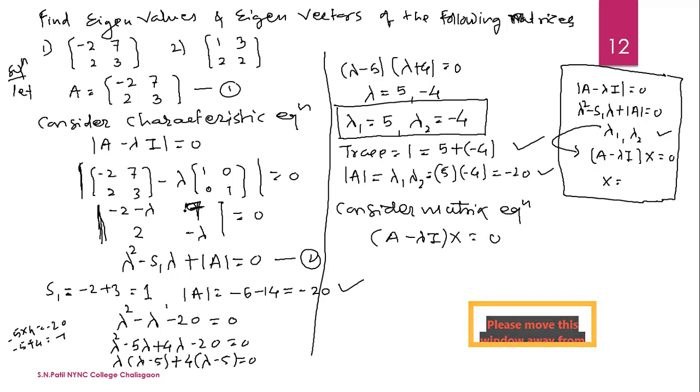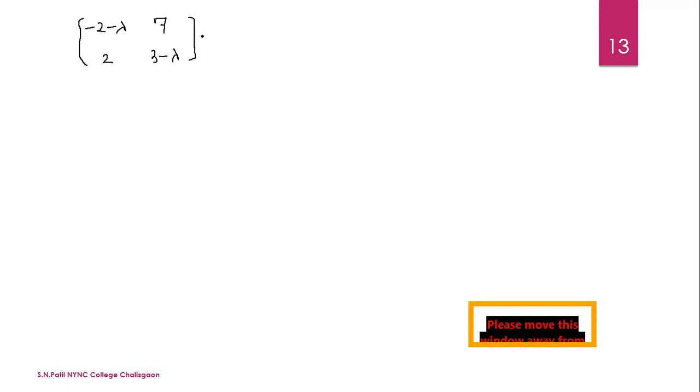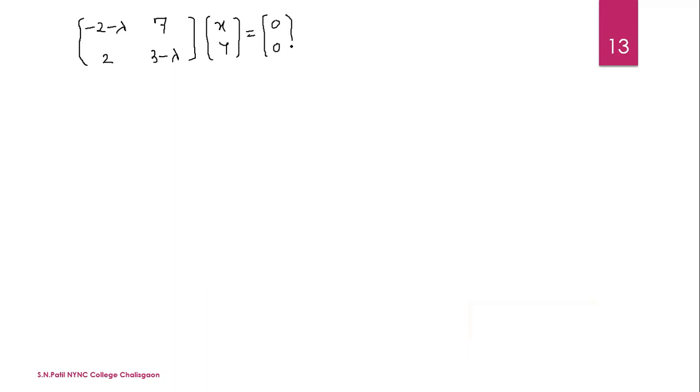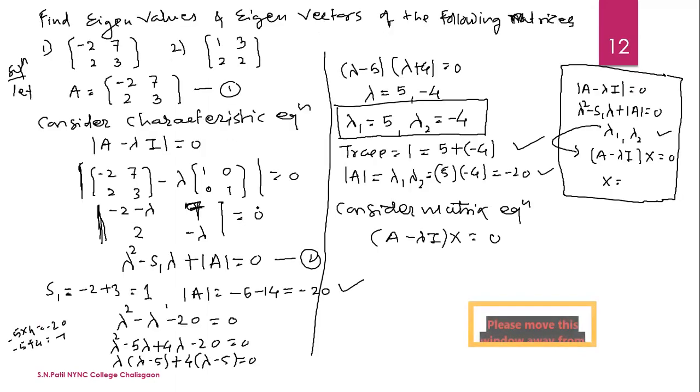We calculated A minus lambda I here. That is the matrix minus 2 minus lambda, 7, 2, and 3 minus lambda, into X, where X is the column vector x, y, is equal to 0, 0. Call this equation number 3.